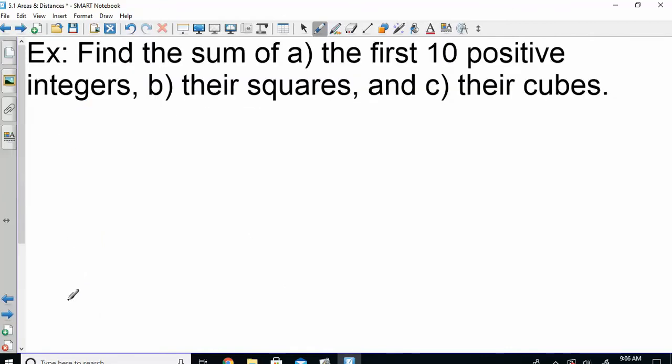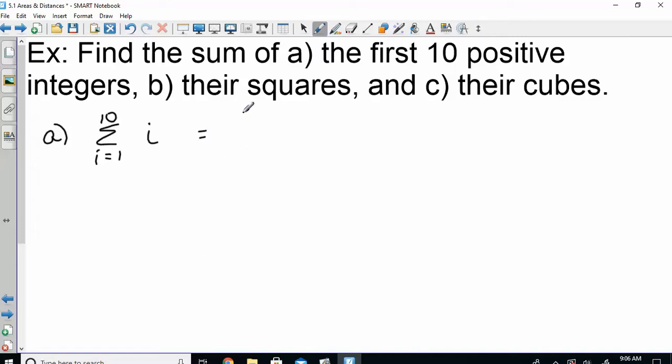So I want to find the sum of part A, the first 10 positive integers. That's easy enough. We could do 1 plus 2 plus 3 all the way up to 10. That's not a big thing, but we can use our formula to help. So we are adding from 1 to 10 of just the integer, just the i. So the formula, if you're just adding i, you do n.